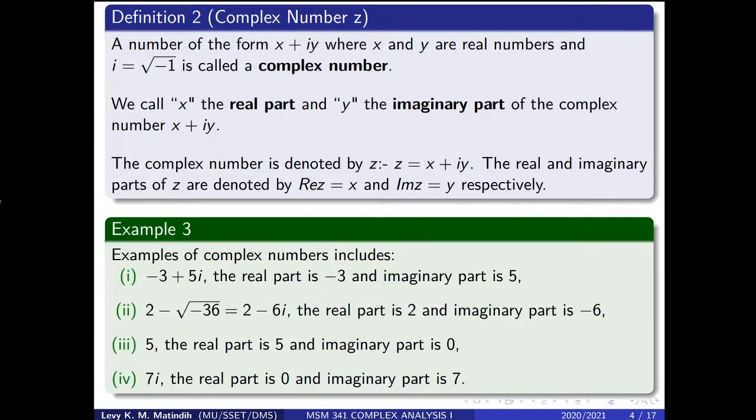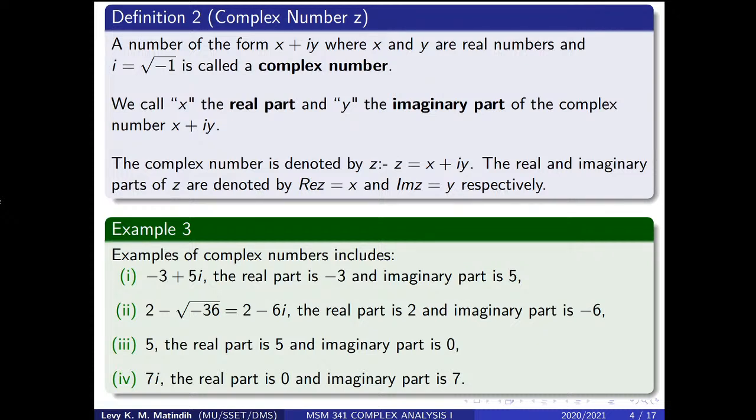And the y, which is multiplied by i, or rather by the square root of negative 1, we call the imaginary part. That's why we call it the imaginary part of the complex number. In most cases, we denote this complex number by z. So generally, z is equal to x plus iy.